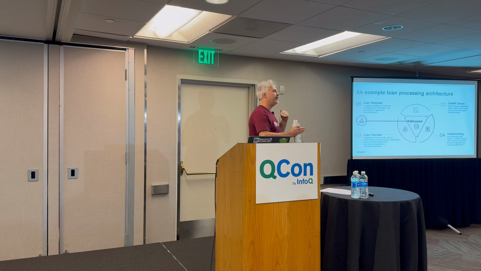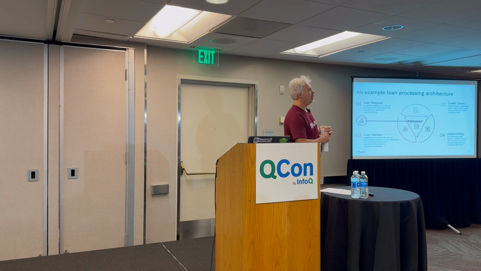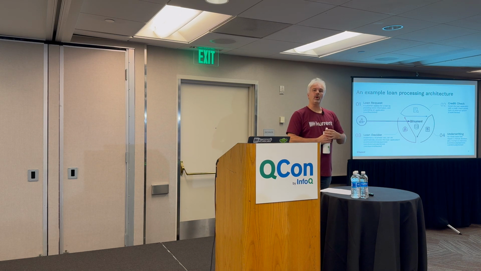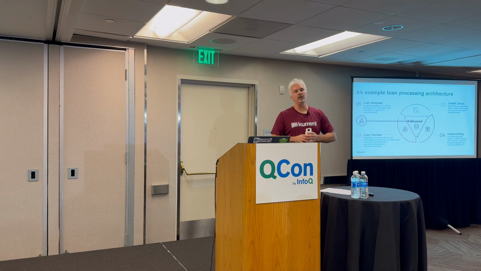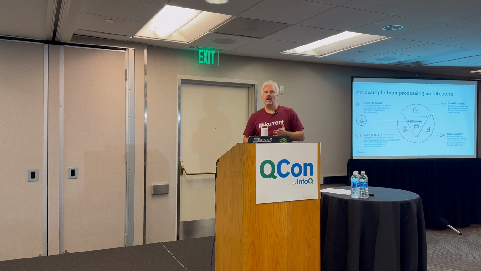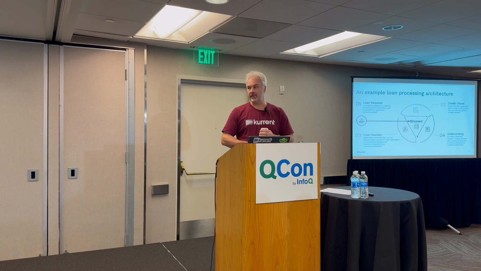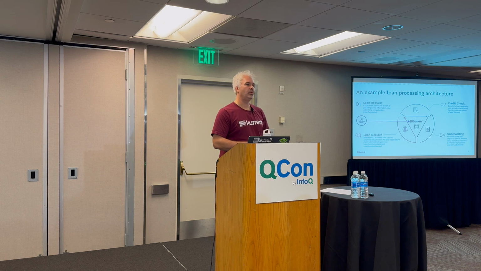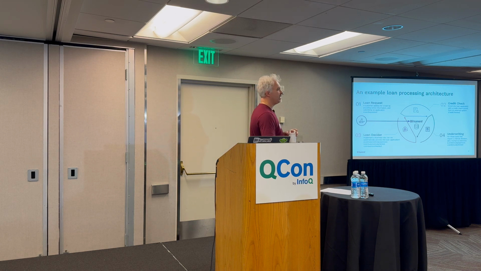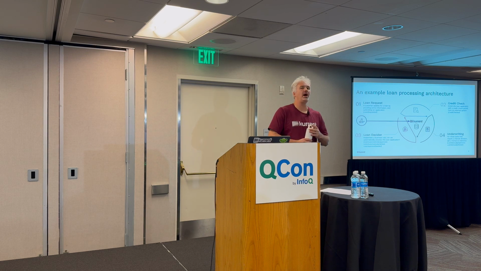If it's in that 5 to 7 range, or sorry, 4 to 7 range, we want to send it off to our fourth component, which will sit in the bottom right corner there, and that is the underwriting app. Now the underwriting app is a little bit special. It's listening for loan approval needed events, and it's going to present what we call a read model to a human being to make a decision about whether to approve or deny that loan request.